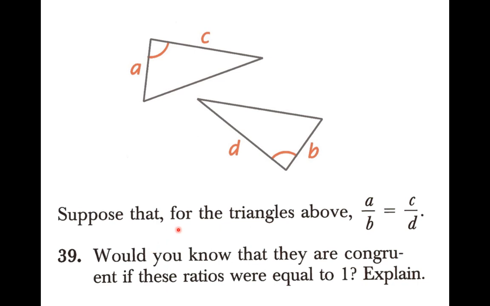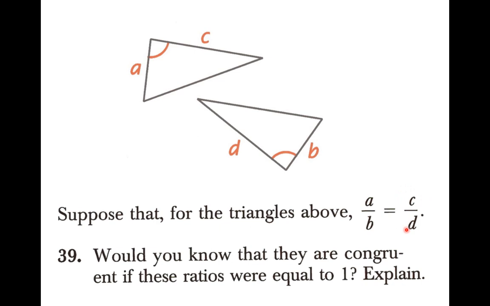Here a little different question. Suppose that in these triangles, A over B was C over D. Would you know they were congruent if these ratios were 1? In order for this ratio to be 1, what has to be true about A and B?